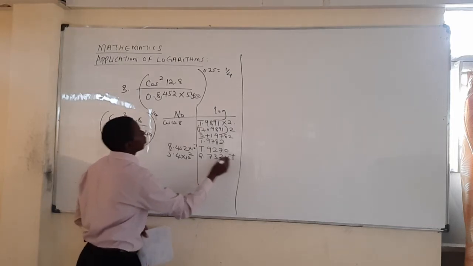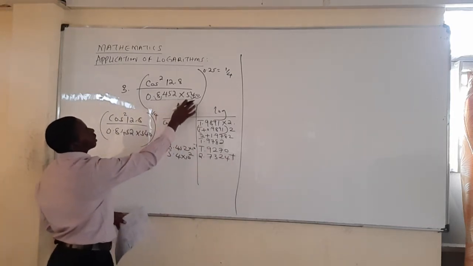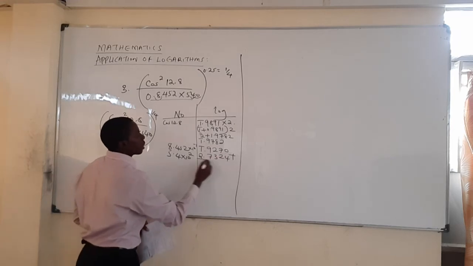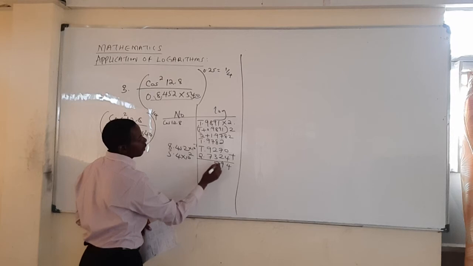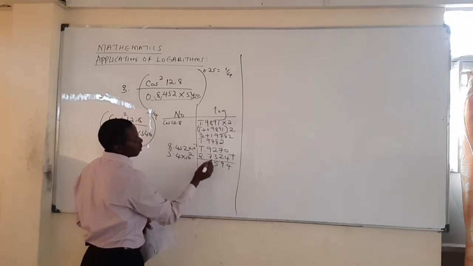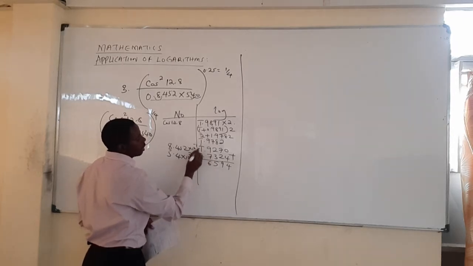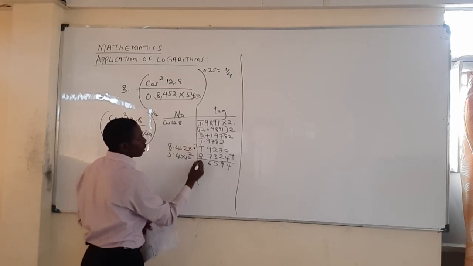We add the 2 because we are multiplying in the denominator. We are going to get 4, 9, 5, and then 9 plus 7, that is 16, 1 plus minus 1 is 0, plus 2 gets 2 point 6594.